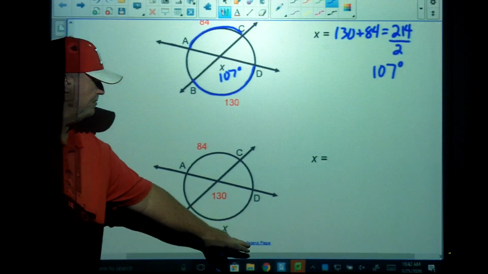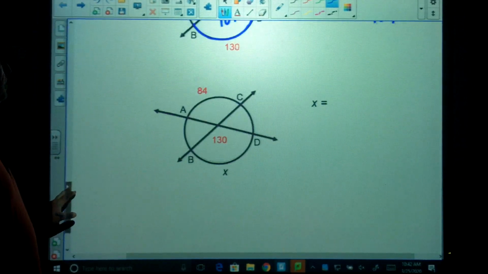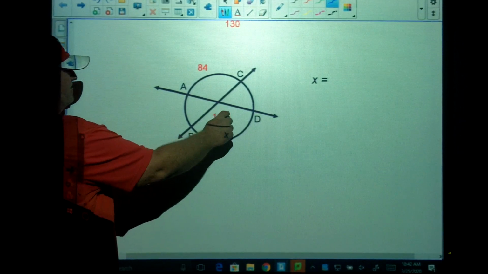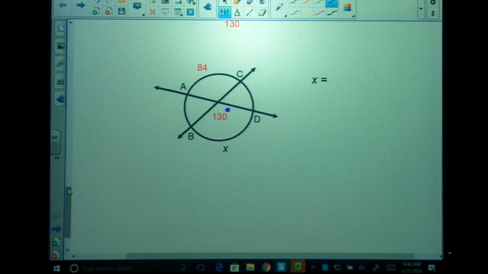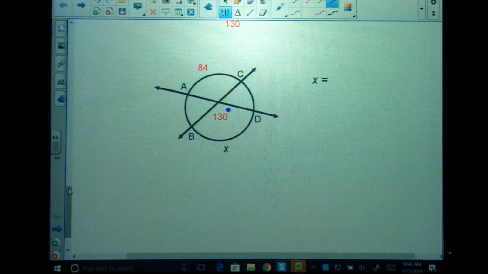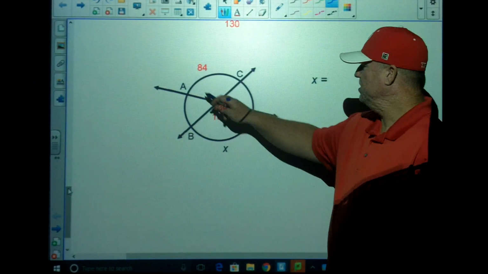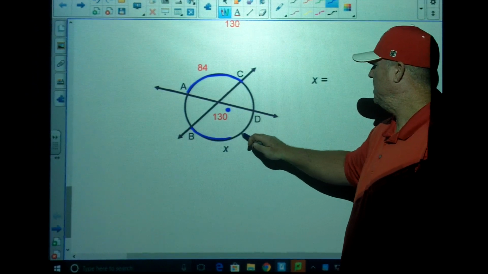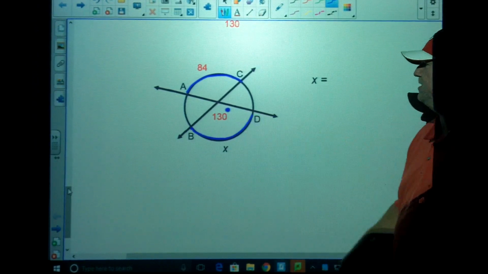On the second example, this time they are giving you the angle that's inside, and we're trying to find the measure of the arc. With this angle here, we have to use this arc measure and that arc measure to find that angle.